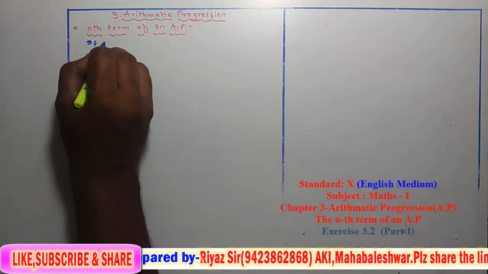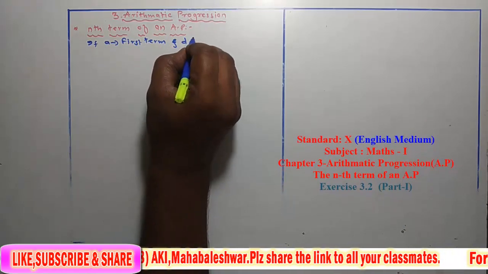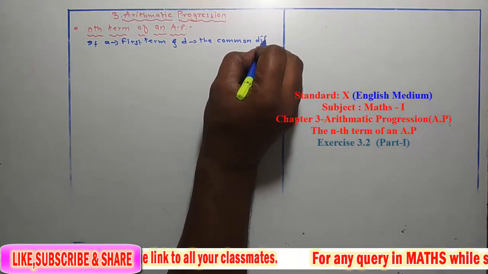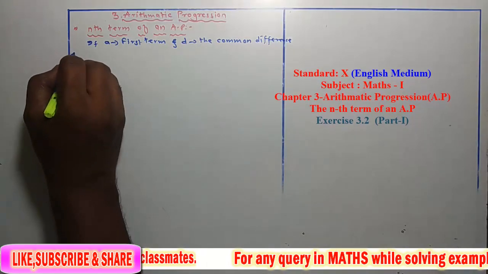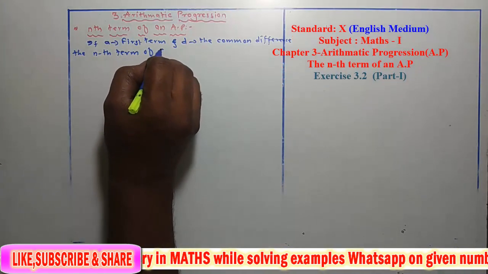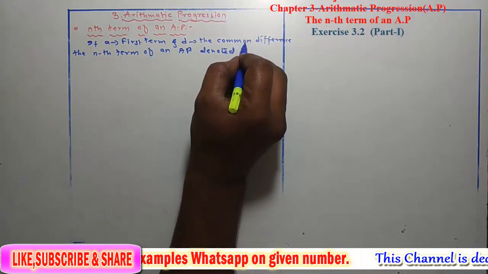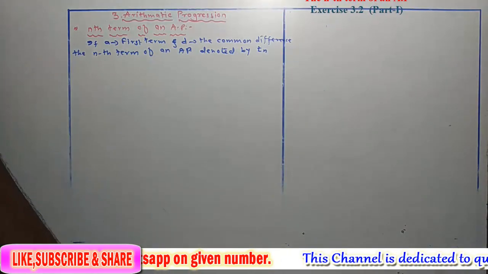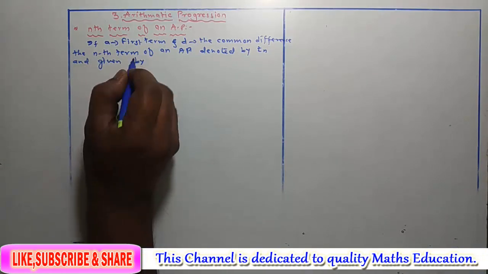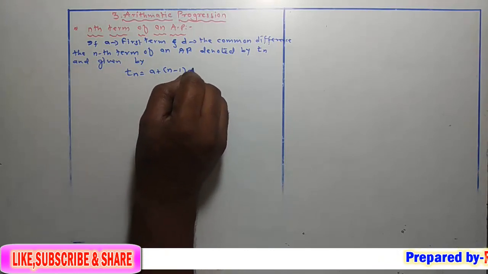If A is the first term and small d is the common difference, then the nth term of an AP, denoted by Tn, is given by this formula: Tn is equal to A plus n minus 1 into d.